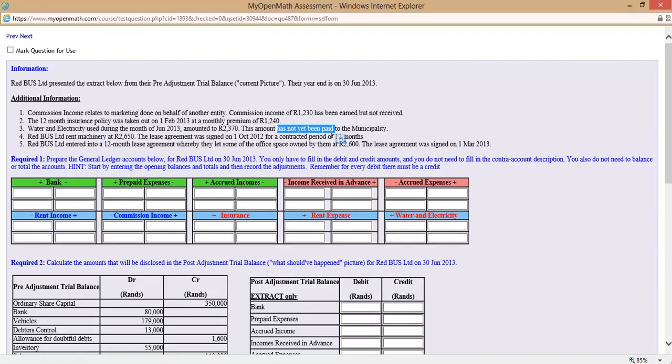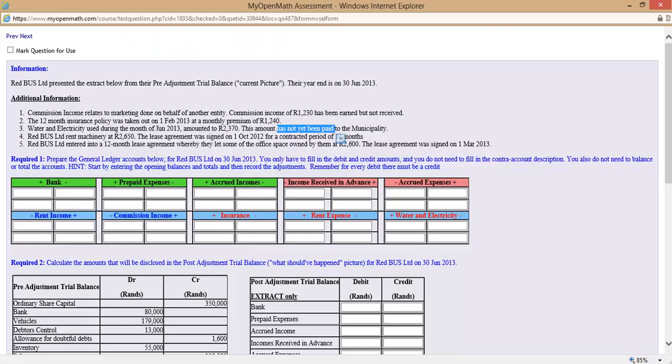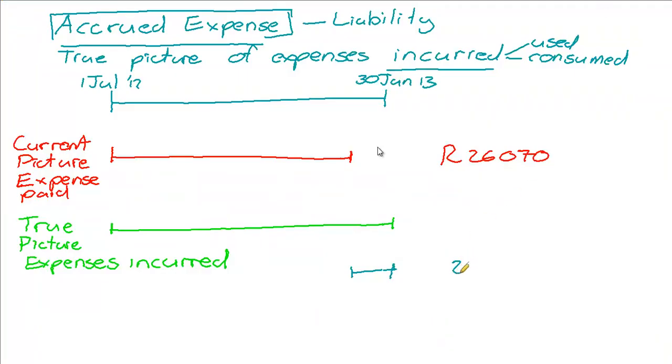So we are going to have to increase our expense from 26,070 with the amount for the last month, which is 2370. The water and electricity used during June amounted to 2370. We've used that in addition to what we've paid currently.